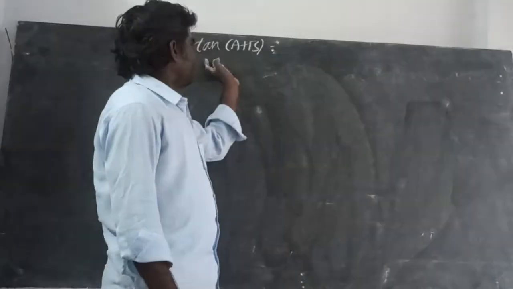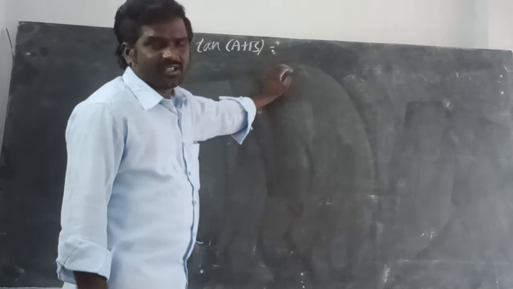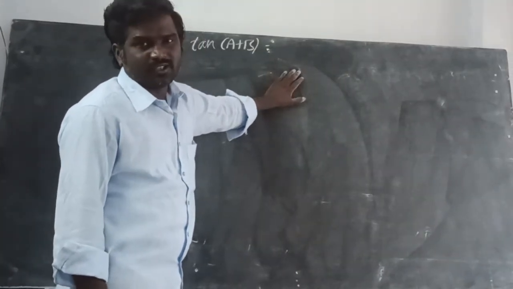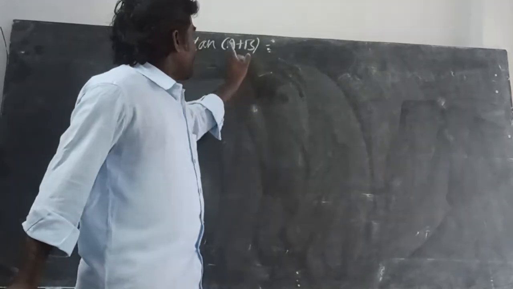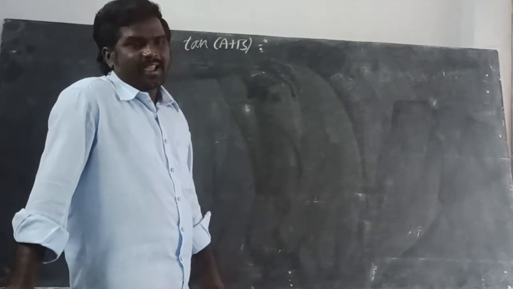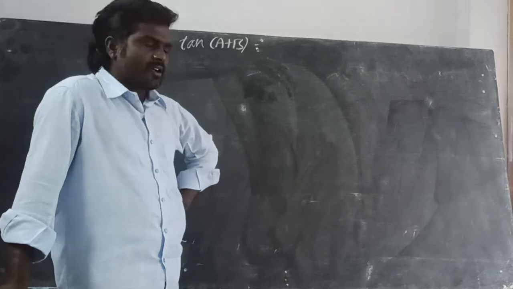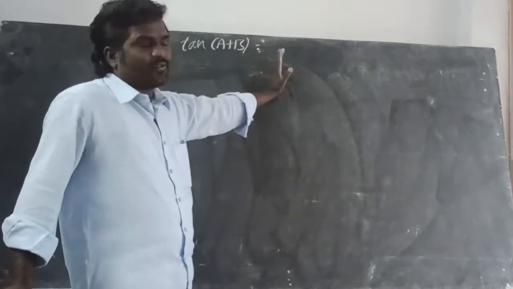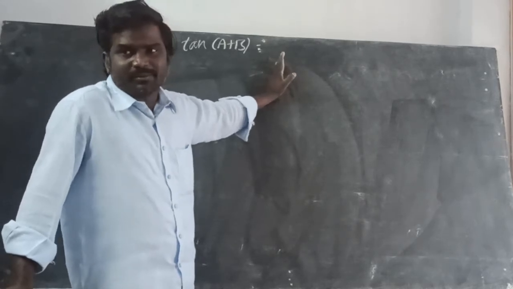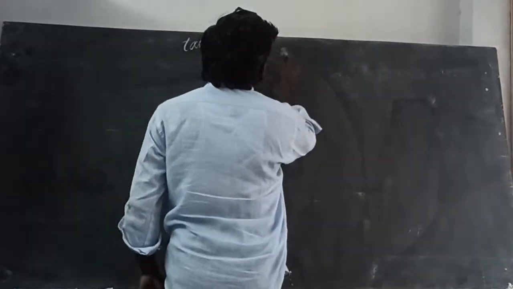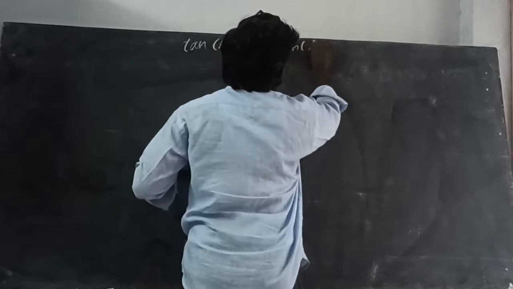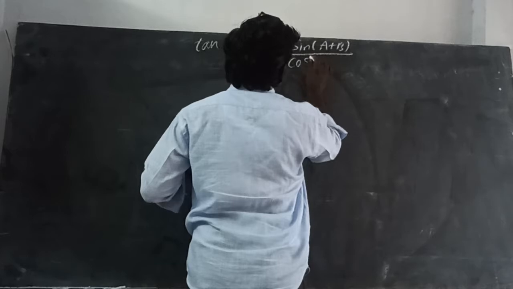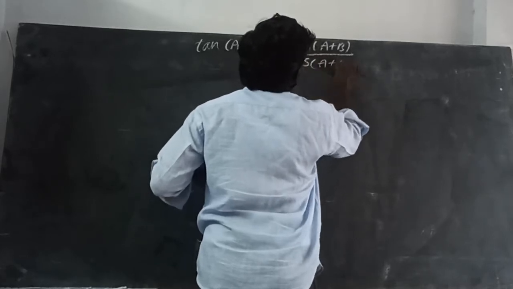Tan of a plus b. Tan of a plus b, where a plus b is not an odd multiple of pi by 2. So here tan of a plus b, how can you write it? Sin by cos. If cos is not equal to 0, then we can define the tan of a plus b. So tan of a plus b you can write as sin of a plus b by cos of a plus b.